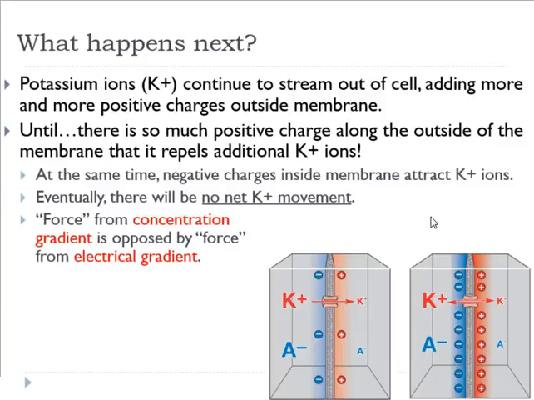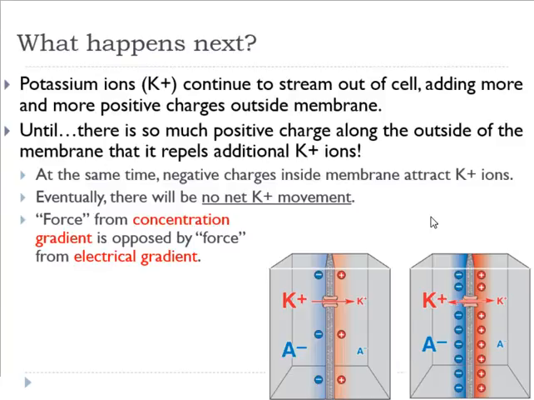But then the electrical gradient set up by the charge accumulating on this side of the membrane will start to push and repel the potassium ions back the other way. You will get to a point where the rate at which potassium ions move down their concentration gradient is exactly offset by the rate at which they're being repelled and pushed back out via this electrical gradient. Okay? So that's what all these words say.